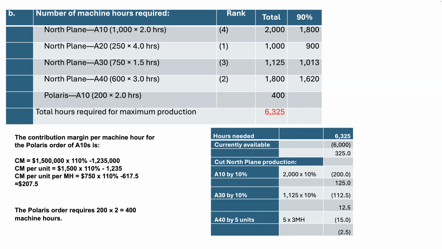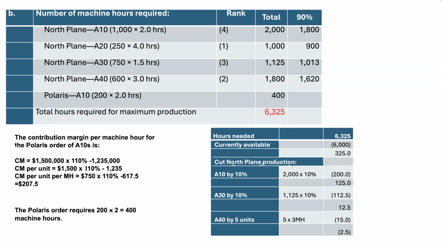But the capacity is only 6,000. So this tells me that the company does not have sufficient capacity to supply North Plane at the regular level and at the same time accept the Polaris special order.